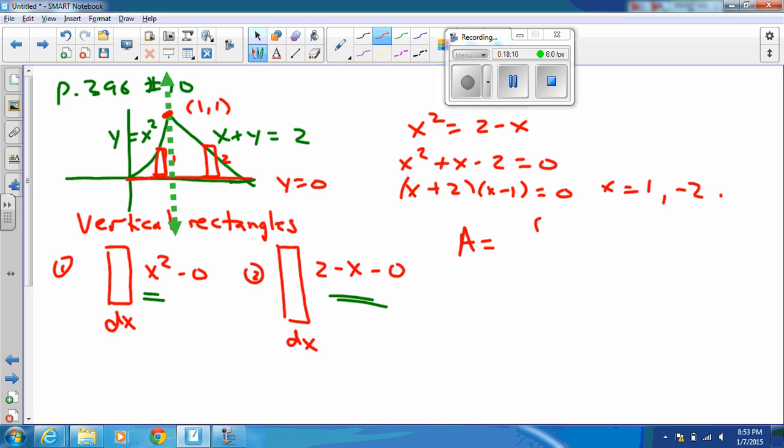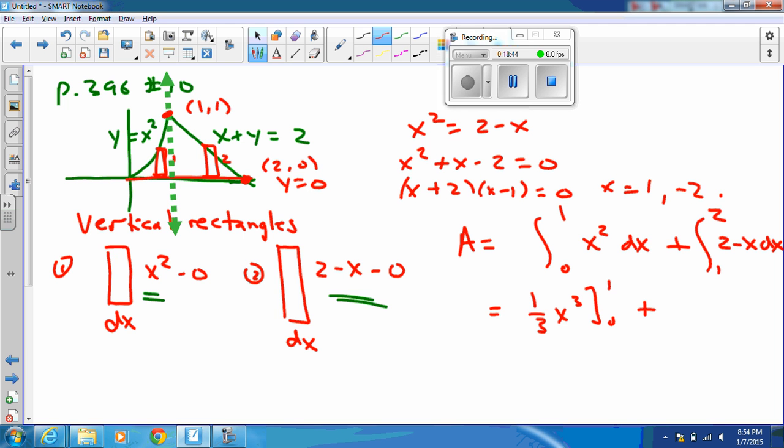So if we have the intersection point 1, 1, then my area would have to be represented in terms of two different intervals. From 0 to 1, my height is x squared. From 1 to 2, notice that the intersection point here is 2, 0. From 1 to 2, my height is 2 minus x. And then we could evaluate.